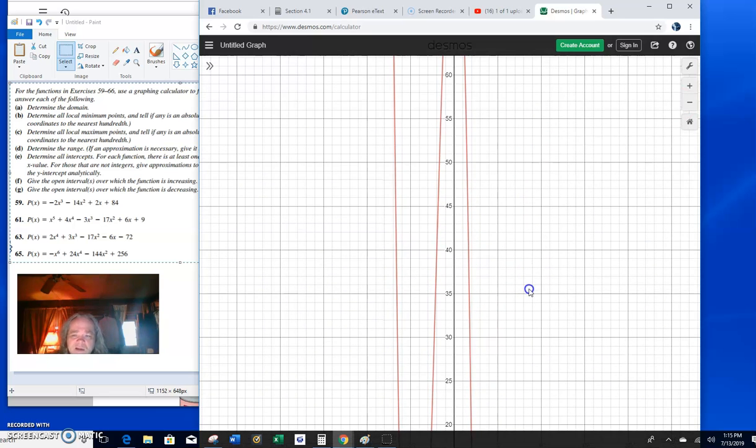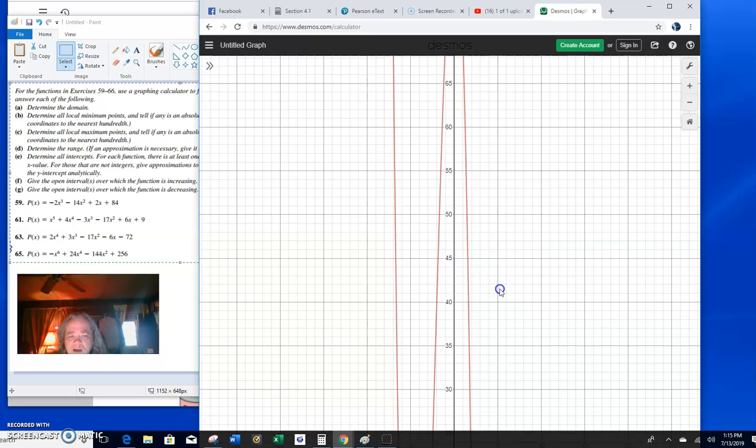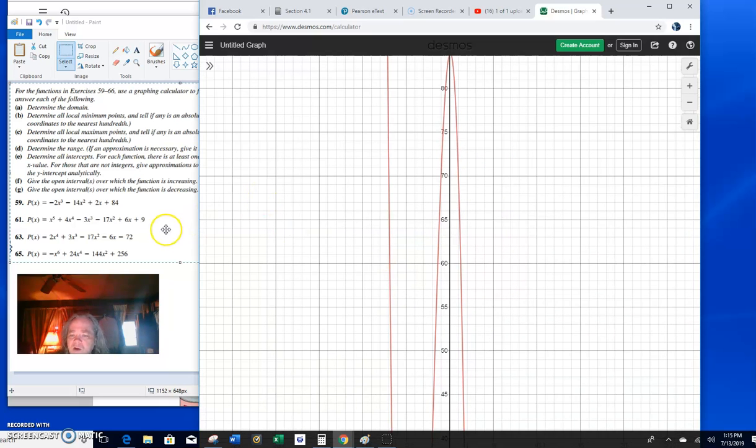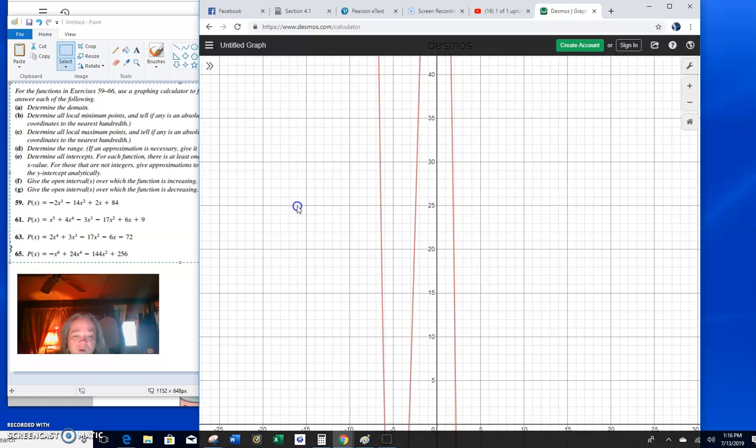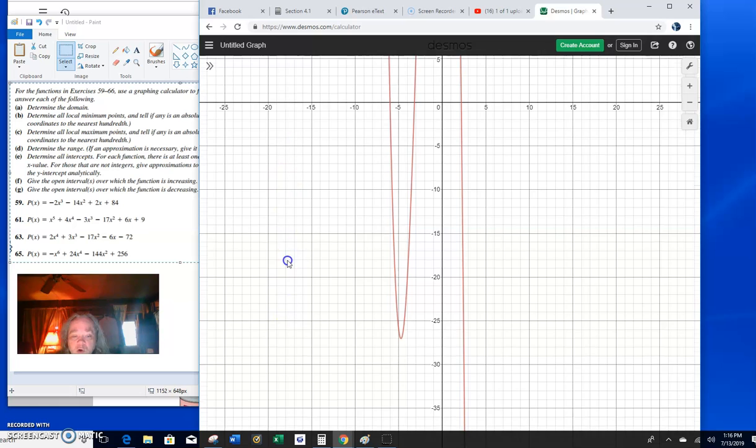Because we know the highest degree is an odd power, we know that our graph is going kind of like a roller coaster, either up, down, and up, or because our leading coefficient is negative, then that means our graph is going down the roller coaster, up again, and then down again. So we can use this to find our minimum points.